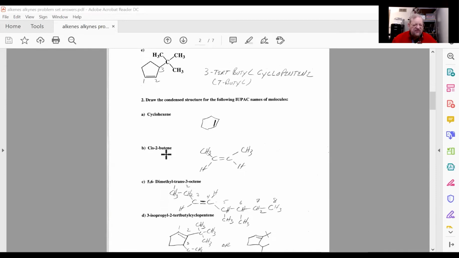How do you do this? Cis-2-butene, start from the right, move to the left. ENE ending, double bond, that were ANE, 4 carbons. Double bond is on carbon 2. It's cis, the hydrogens are on the same side on the bottom, or you could have had them on the same side on the top.